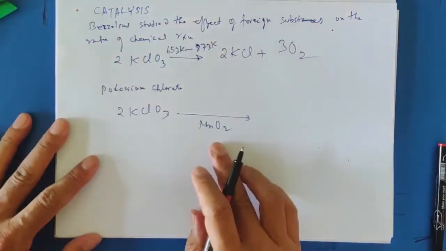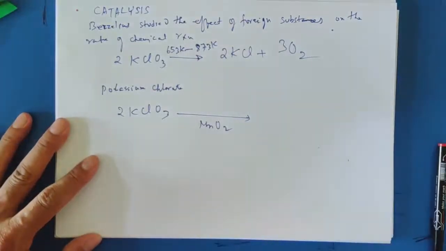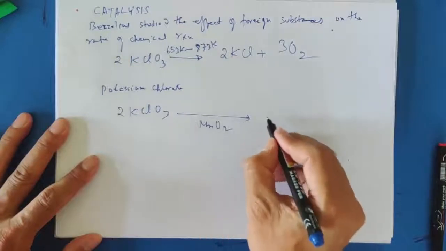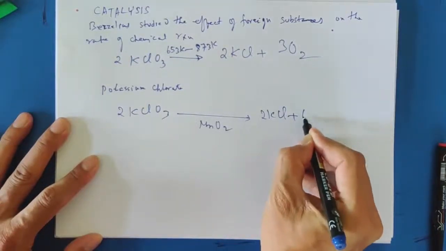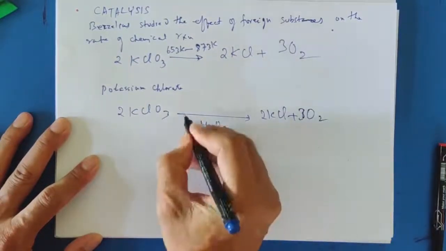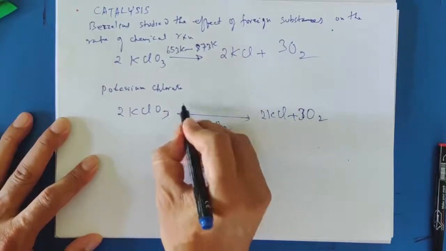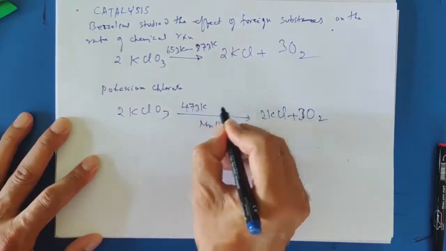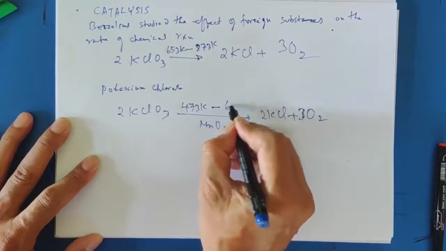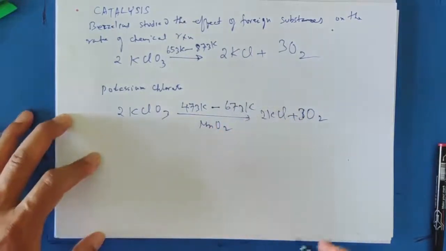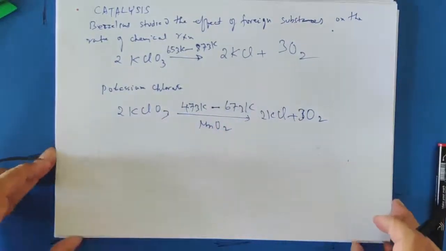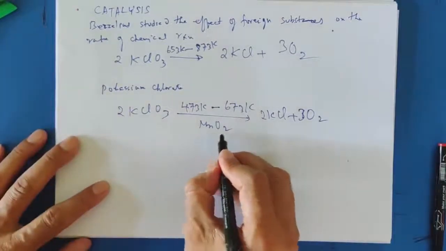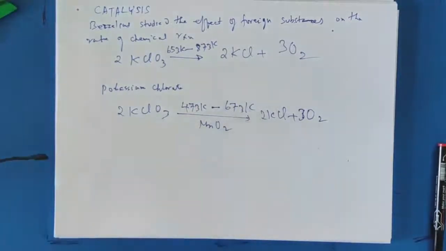Accidentally MnO2 was added, and the same products formed, but the temperature was different. Suppose at 473 Kelvin to 673 Kelvin the products formed. This is due to manganese dioxide.